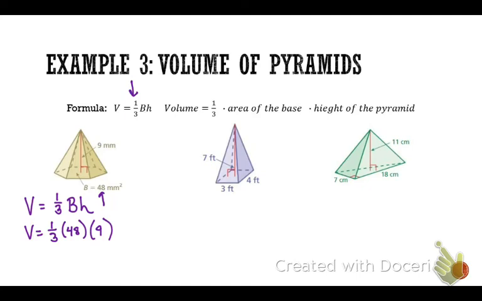Don't divide something by 3 and get a repeating decimal. Don't do that, okay? So make sure it's divisible by 3. Can I divide 9 by 3 and get 3? Yeah, and then I can multiply that by 48. So whatever order you want to do, what did you get for the volume? 144 millimeters cubed. Okay, millimeters cubed.